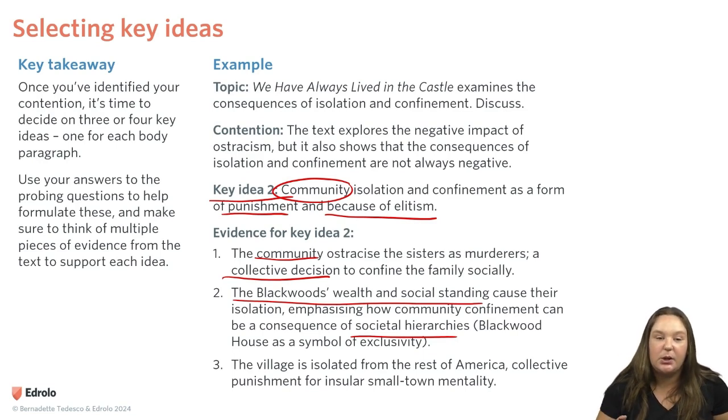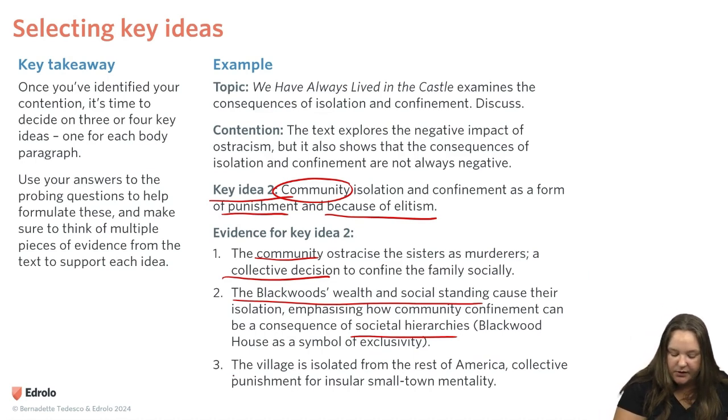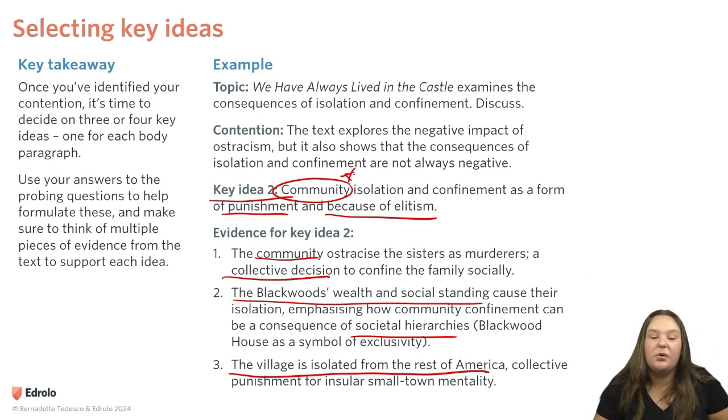The rest of the villagers are locked out, but it also means that they can only be themselves when closed within. The village is isolated from the rest of America. So because I'm looking at the community, I'm thinking about what other evidence do I have that the community is isolated.